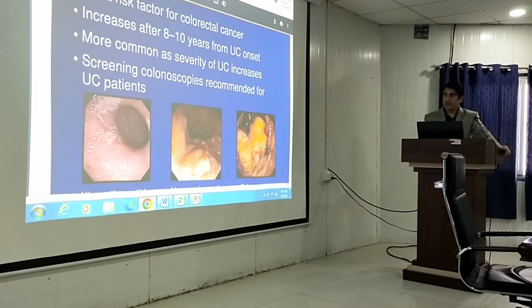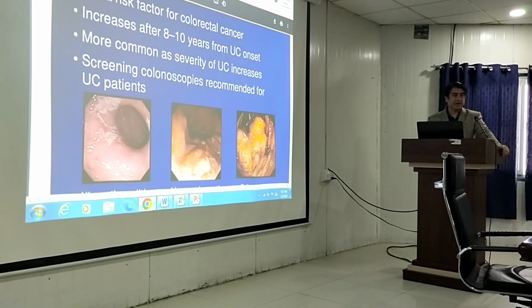Usually, the risk of colorectal cancer is higher in the patients having extensive disease, like severe disease, or the patients who didn't follow up regularly or are not compliant with the treatment. So the risk increases day by day with increasing severity. So that's why it's very important to do the screening colonoscopies for the ulcerative colitis patients.